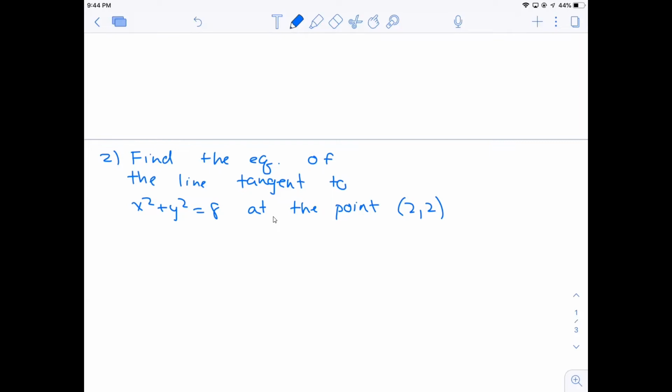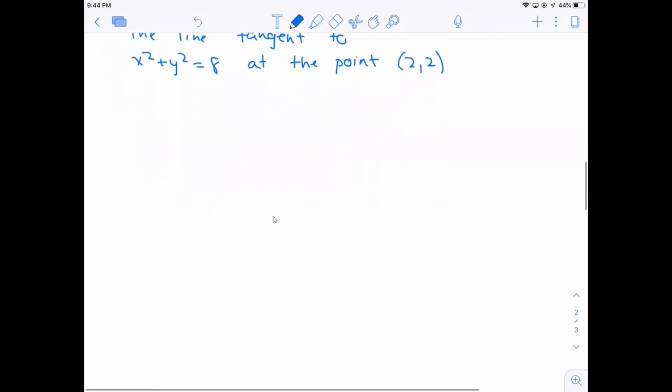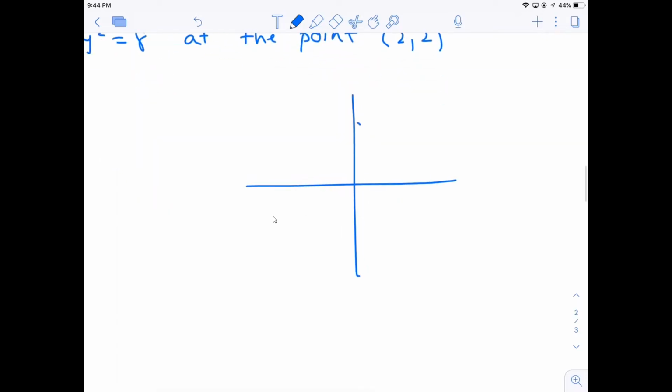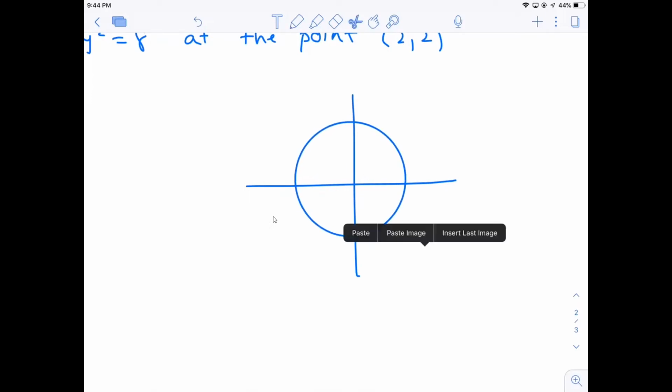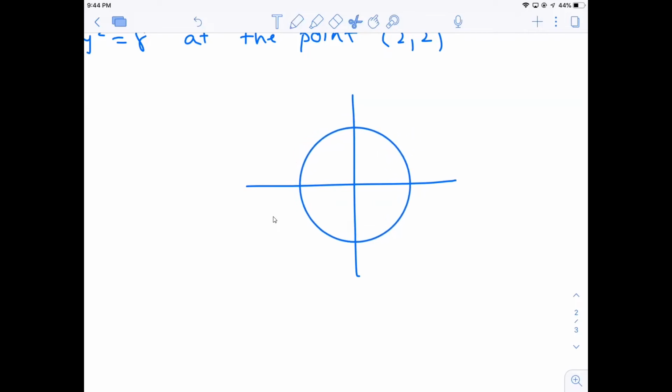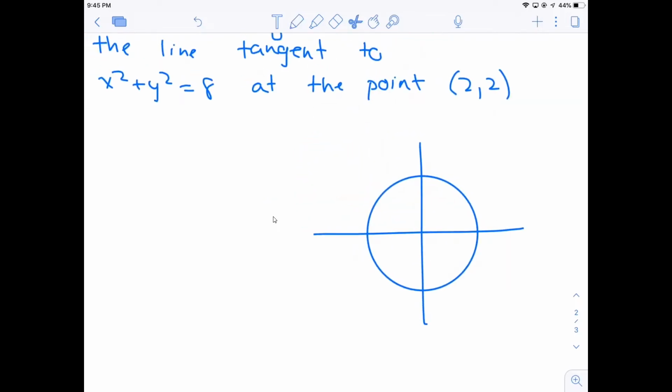So while this is mostly algebra, this does involve some circle theorems and concepts that you need to know. So if we're looking for the tangent line, well, let me make a really quick sketch of this. I know I have a circle, right? Let's talk about this circle. I know it's centered at the origin, because it's x squared plus y squared.